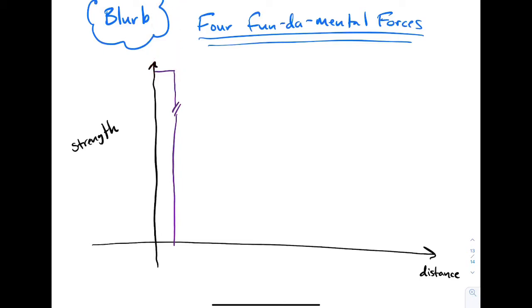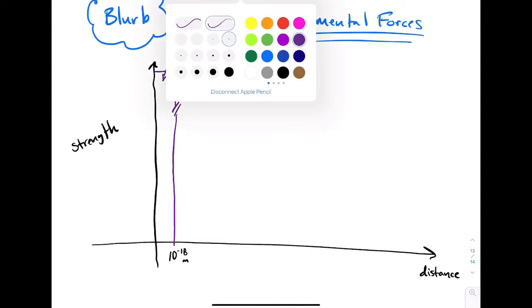So this is by far the strongest force. It's about 10 to the negative 18 meter. And that is the strong force, or the strong interaction, the nuclear interaction. So this happens in the nuclei of atoms.